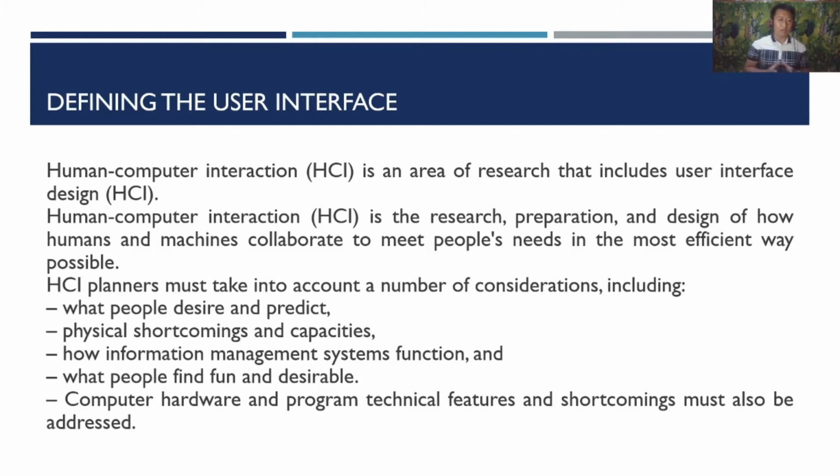Alright, next, as an HCI planner, there are a number of things that we need to consider. First, what people desire and predict. We need to consider how people desire and predict in a specific situation or a specific problem.